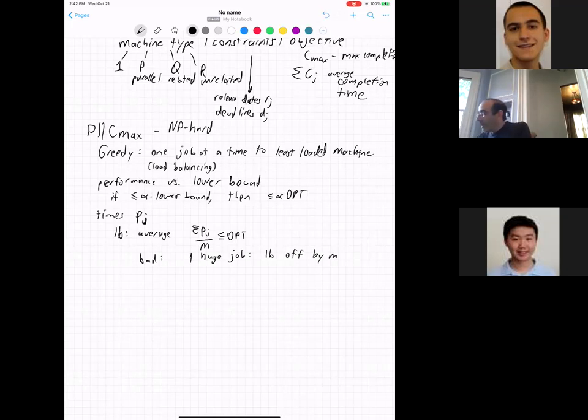And again, for the same reason as I was saying before that we use lower bounds, if your lower bound is a factor of m worse than the optimum, well, your algorithm is not going to do better than the optimum, which immediately says that you're going to be worse by a factor of m than the lower bound, right?